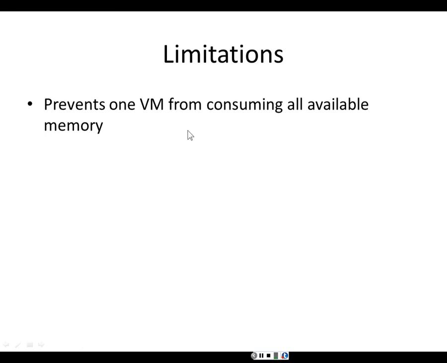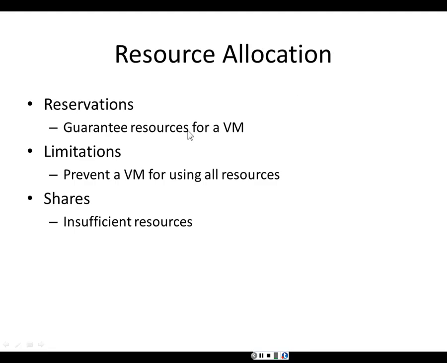Limitations prevent one virtual machine from consuming all available resources. Limitations can be set per CPU, and limitations can be set per memory as well. So, resource allocation. Reservations guarantee a certain amount of resources for a virtual machine. Limitations prevent a virtual machine from gobbling up all of the resources from everybody else.